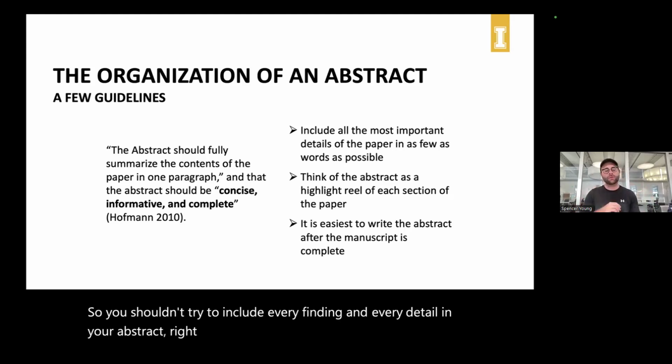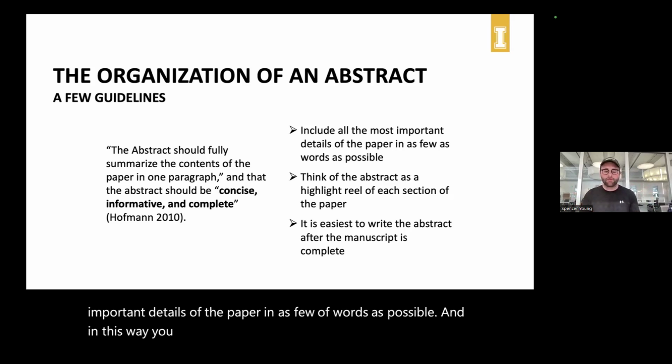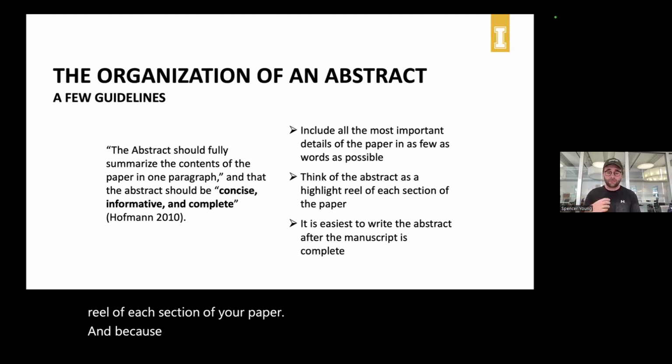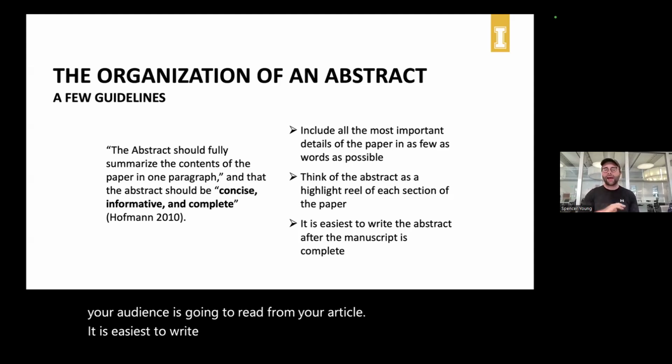Instead, you want to include all of the most important details of the paper in as few words as possible. And in this way, you might think of the abstract as like the highlight reel of each section of your paper. And because of this, even though the abstract is the first thing that your audience is going to read from your article, it is easiest to write the abstract after the manuscript is complete.